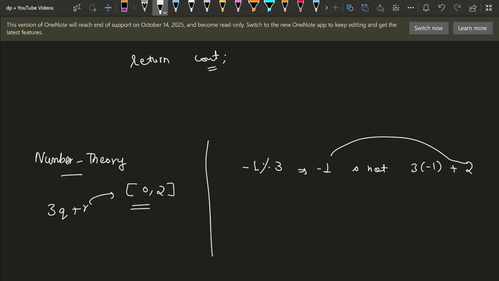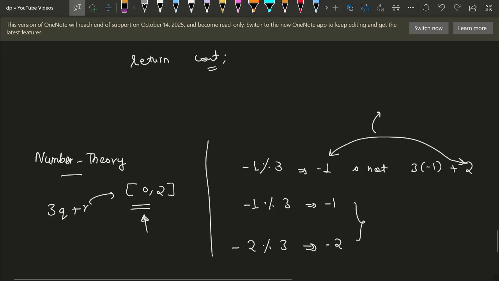So -1 and 2 are basically the same. We did this because we wanted to make our remainder always positive, but in the actual code, your remainder comes as -1. So let's verify this.